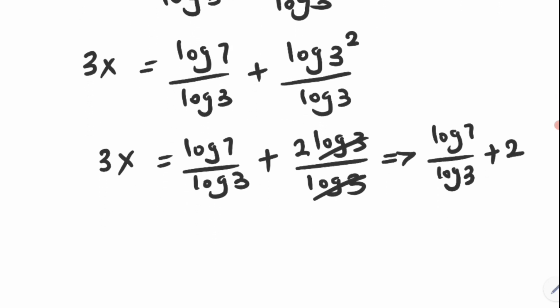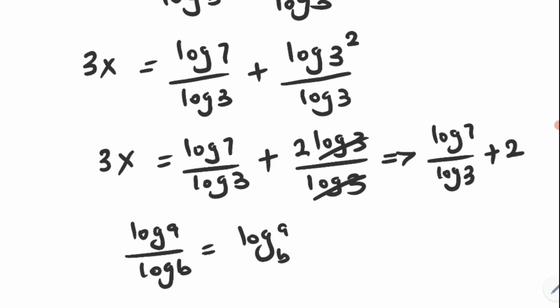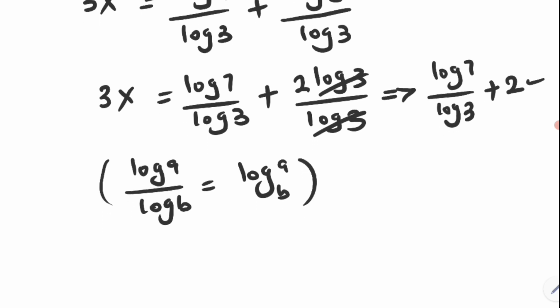But if you have log a over log b, this is equal to log a base b. Then this can be written as 3x is equal to log 7 base 3 plus 2.